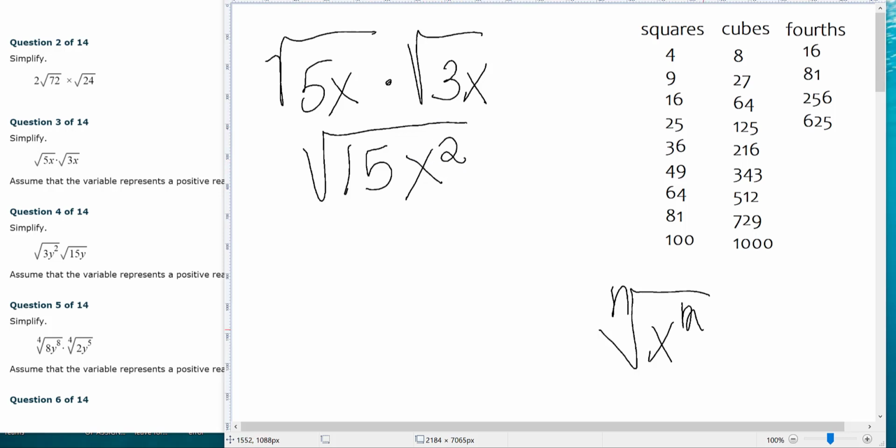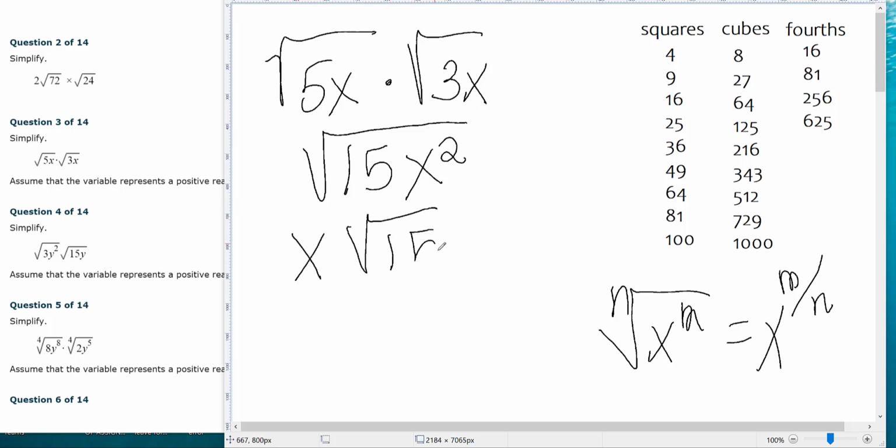And to take the root of a variable, you take the exponent and you divide it by the index. And since 2 goes into 2 evenly, this is going to be x times the square root of 15. Remember, the square root of x squared, assuming, of course, that we don't have any non-real numbers, x is going to have to be bigger than 0, is x times the square root of 15.